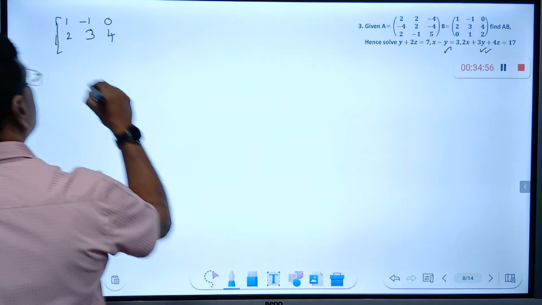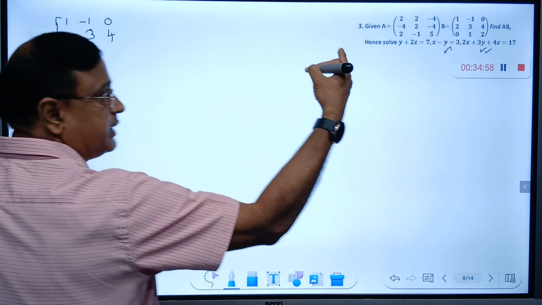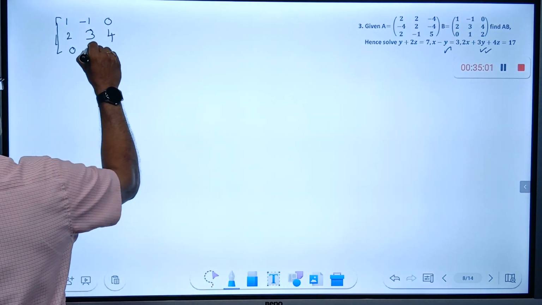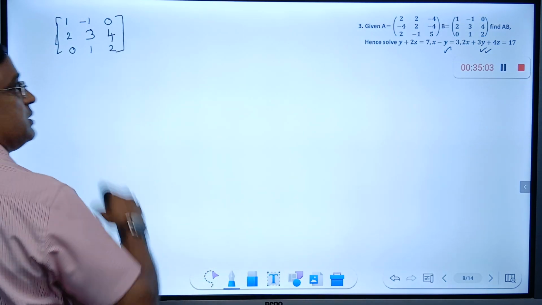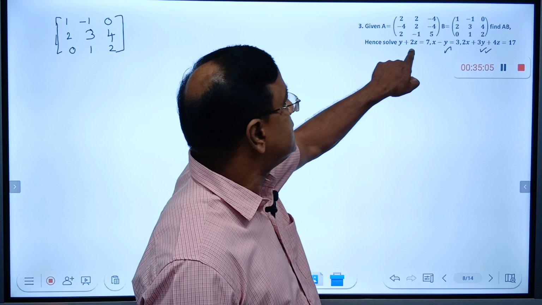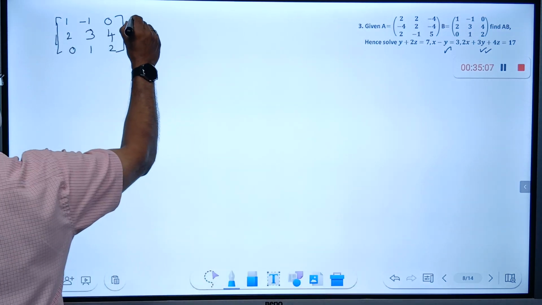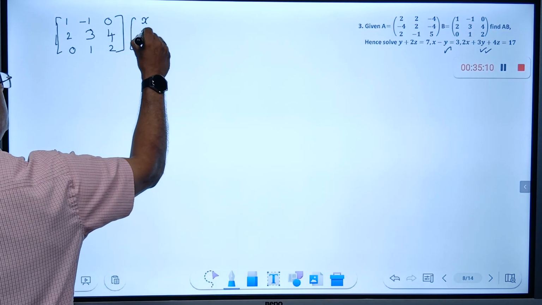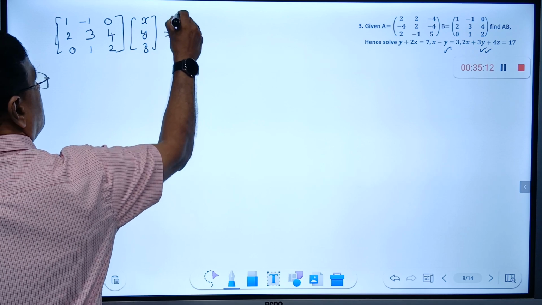What is that? 0, because x is missing. So put 0, 1, 2. I hope you understand why I put 0, because there is no x term here. Into x, y, z equal to, what is the constant?